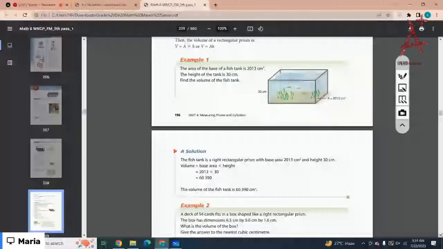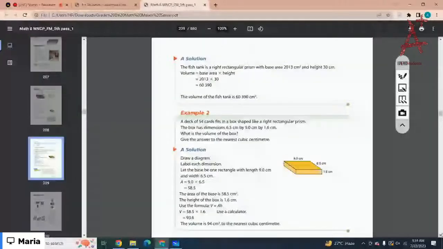A deck of fish cards fits in a box shaped like a right rectangular prism. The box dimensions are 6.5 centimeter by 9 centimeter by 1.6 centimeter. What is the volume of the box? So you are given the dimensions of the box, you have to calculate the volume of the box.